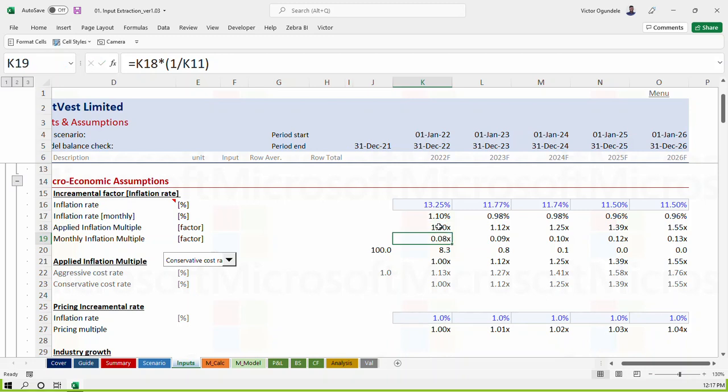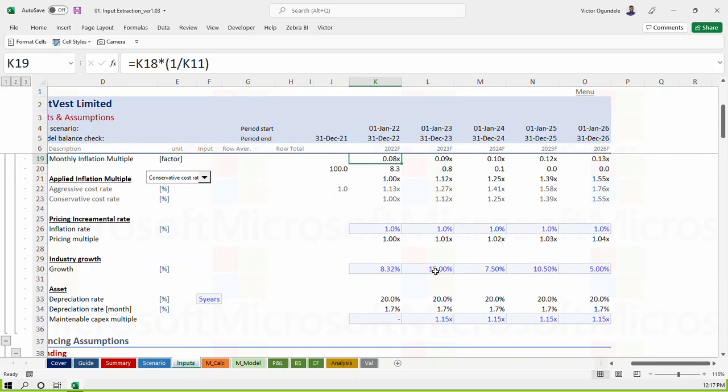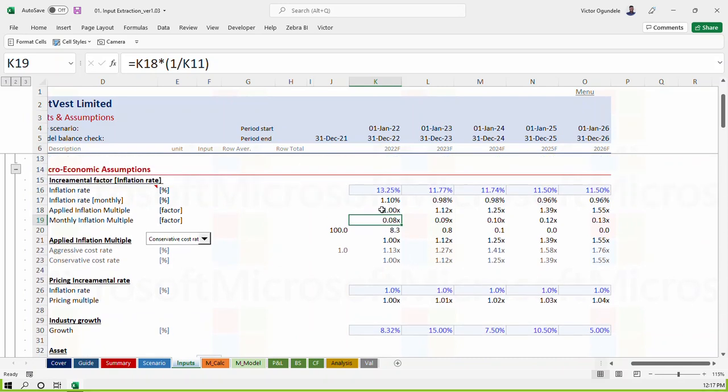Now, to make that adjustment, instead of dividing this by 12, what we're going to do is this. Most times when there's an increase in inflation, the effect usually comes in quarterly. Do we agree?